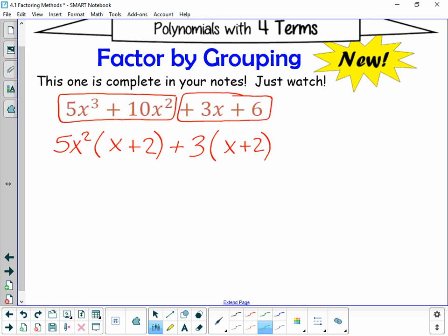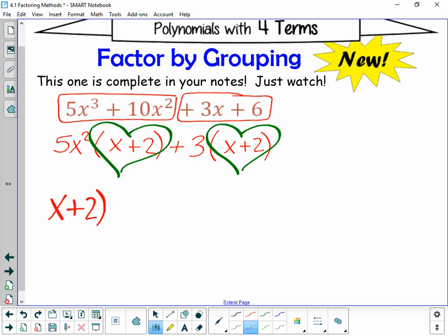Since we thought of those groups separately, you might notice that we now have an x plus 2 in both of our terms. We have 2 terms here, and they both have a factor of x plus 2. So what we can do is factor that x plus 2 all the way to the front. And when we do that, what's left is a 5x squared plus a 3.